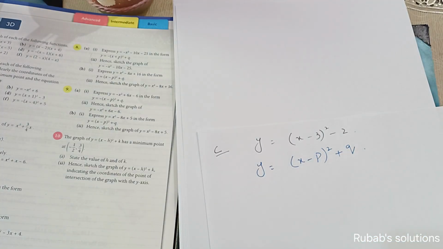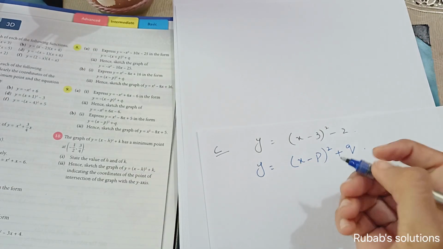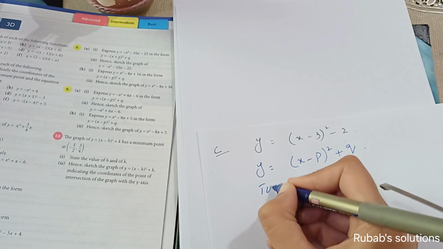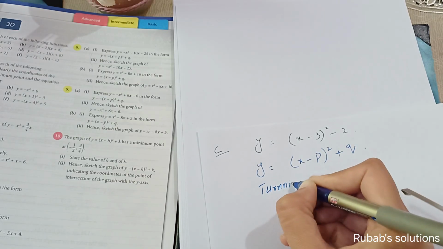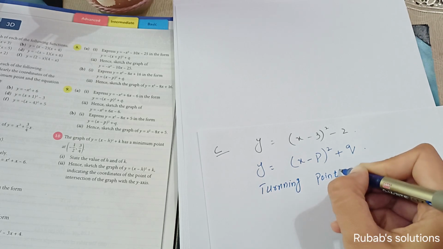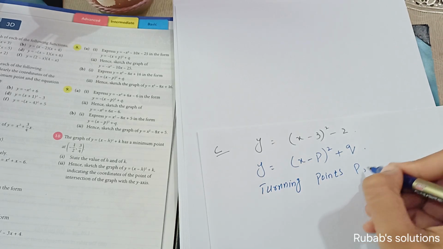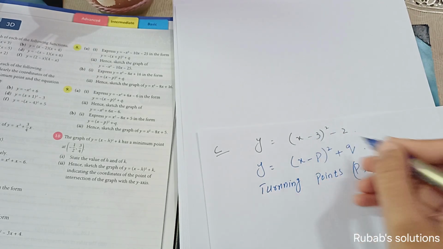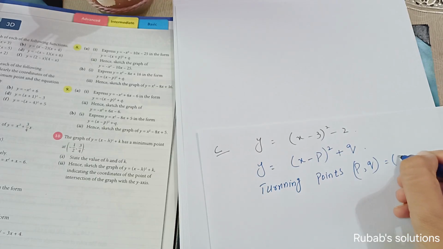First of all, I will find the turning points. The turning point will be p and q. P is 3 and q is minus 2.